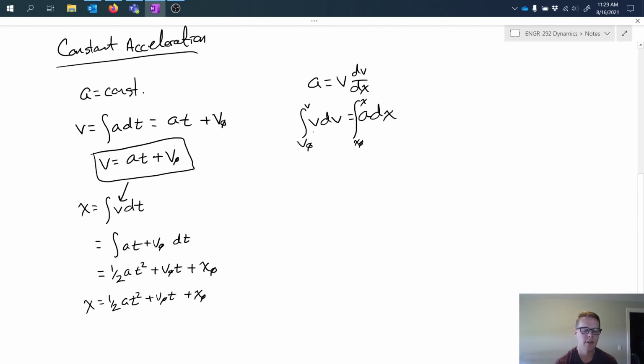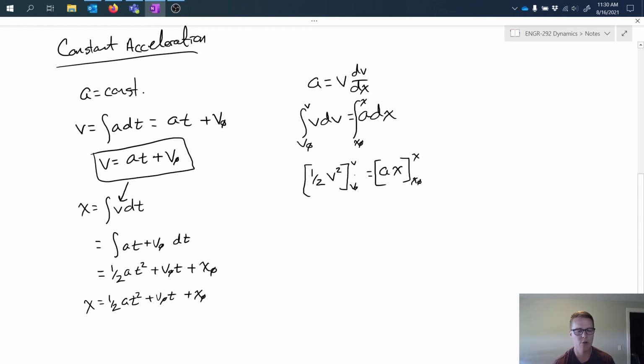So first, on the left-hand side, the integration of v with respect to v is going to be 1/2 v squared. This will need to be evaluated from v naught to v. On the right-hand side, a is a constant, so I can pull that out, and I'm left with ax evaluated from x naught to x.